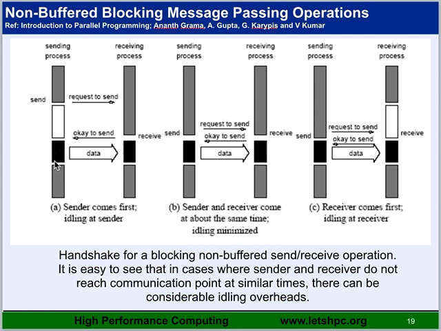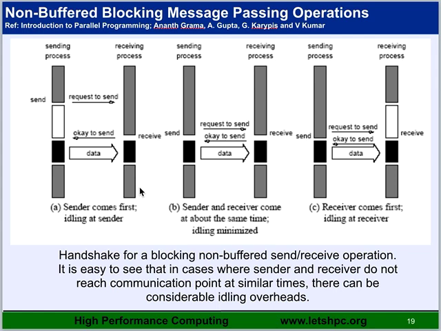That is represented by this black part. Once this is done, the sending process resumes whatever it was supposed to do, and the receiving process also does what it was supposed to do.